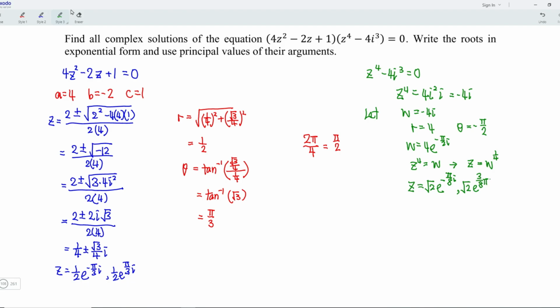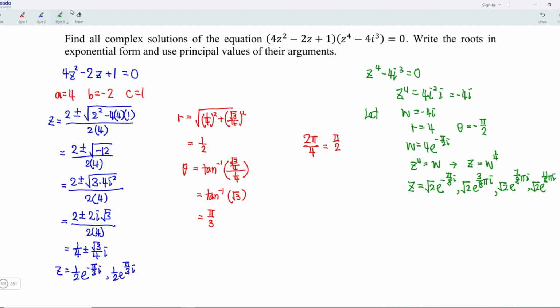Don't forget the imaginary number. And the next one, again increase by pi over 2, and we should obtain 7 over 8 pi i. And for the last solution, again we increase the angle by another pi over 2, and we should obtain 11 over 8 pi i.